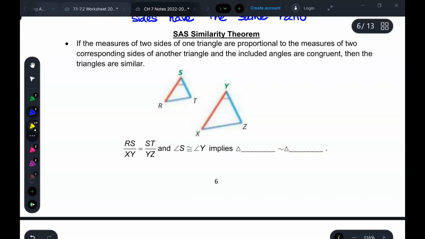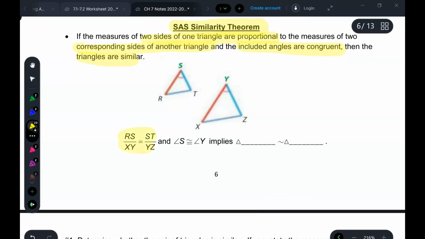Okay, last one here, side angle side similarity. So the angle has to be congruent, but the sides have to be the same proportion. Here you have to have two sides that are proportional, and the included angles must be congruent.